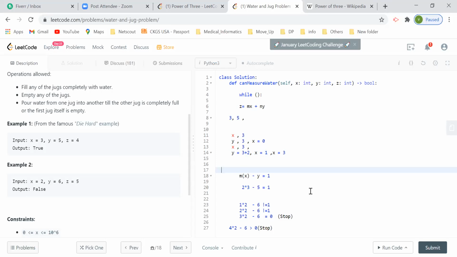So first you need to get what's the number we can measure. Then what you need to know is if Z modules that number, we can get 0. If we can get 0, then we can measure Z. If we cannot get 0, we cannot measure Z.